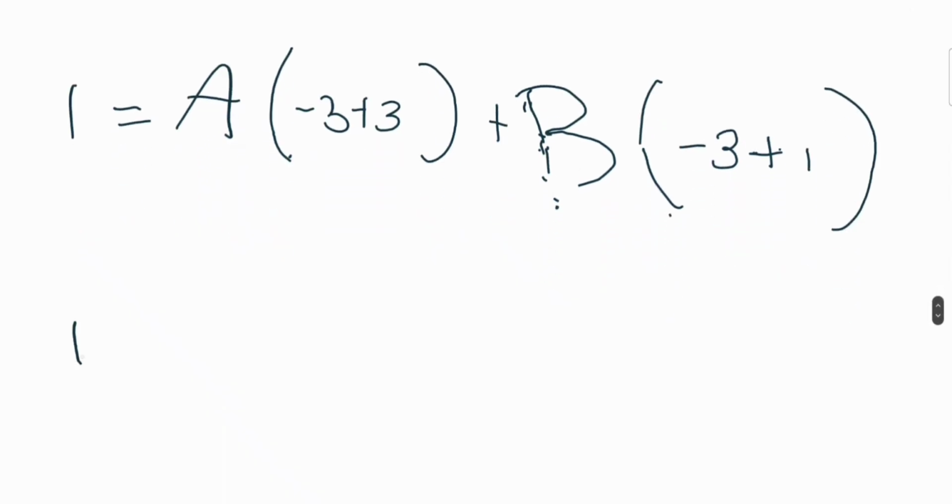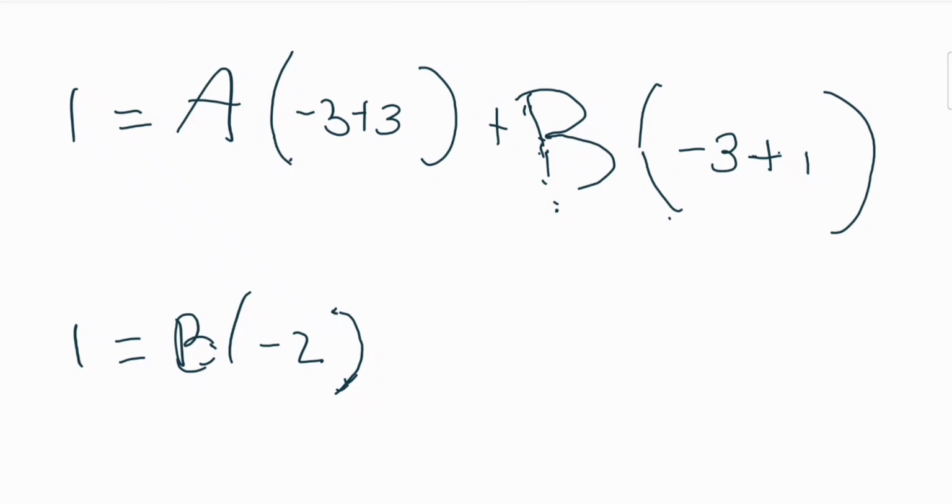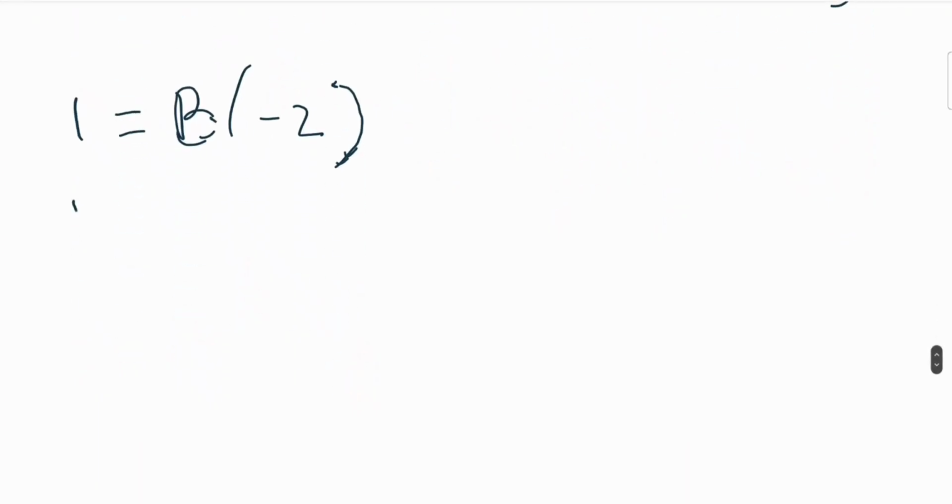So that means that 1 is equal to b times -2. So that means that 1 is equal to -2b. So you can go to your calculators now and calculate what 1 divided by -2 is. Or if you want to do it in your head, that's fine. So this is going to be -0.5. So that means that -0.5 is equal to b.